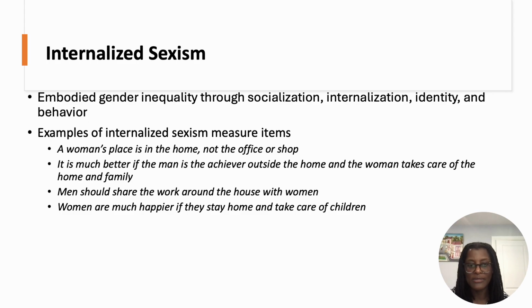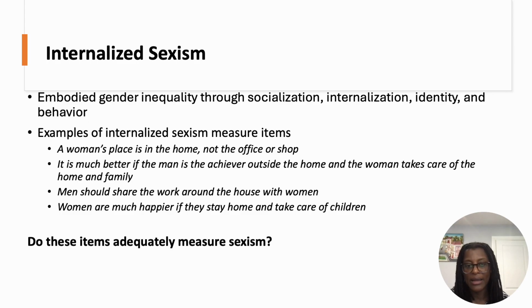So another item is, women are much happier if they stay home. Again, it's another item. And so do these items adequately measure sexism? Think about any measures that you are being presented with. A measure is basically a construct, and it should indicate the items necessary to measure the particular construct.